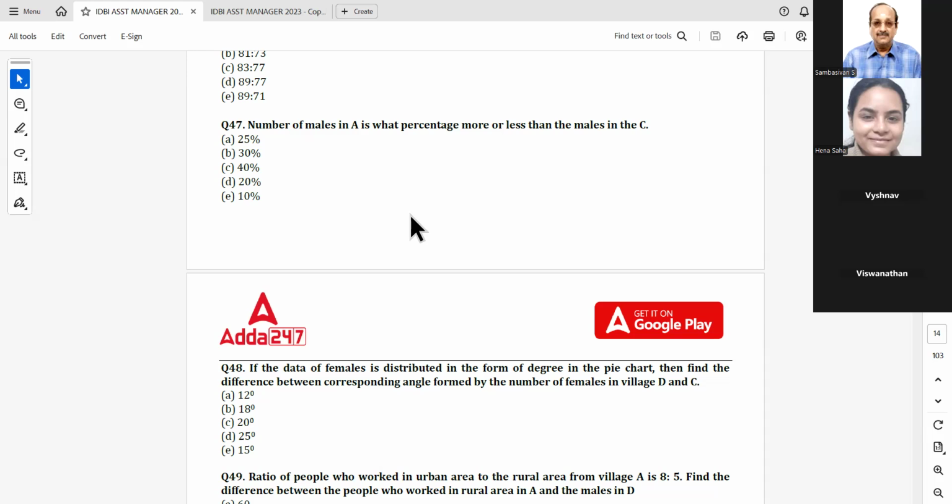Total number of girls is 1200, and the difference between village C girls and village D girls is 50, and this difference will be how many degrees of the pie chart? That means difference in number of girls 50 divided by total number of girls 1200 into total pie chart 360 is equal to 15%.